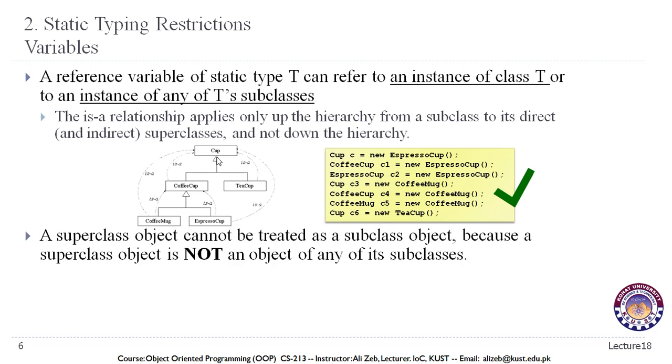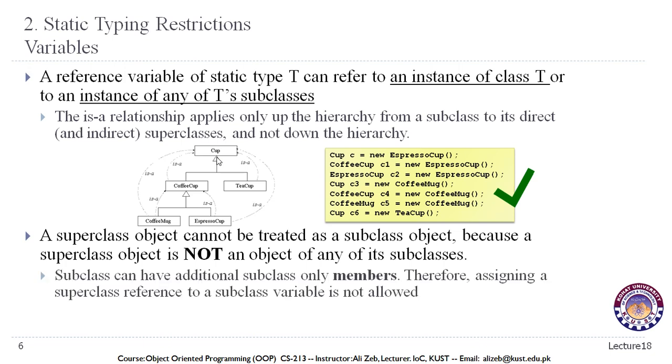But a superclass object cannot be treated as a subclass object because a superclass object is not an object of any of its subclasses. The reverse declaration will not be true. Even if you try this, you will get a compilation error. And the reason for that can be that a subclass can have additional subclass-only members.